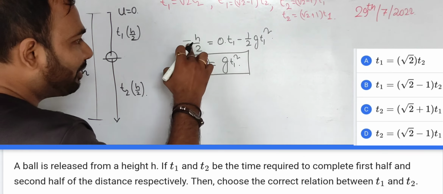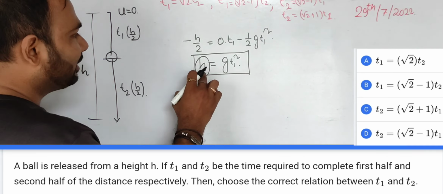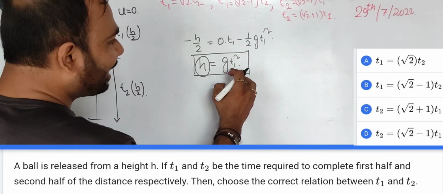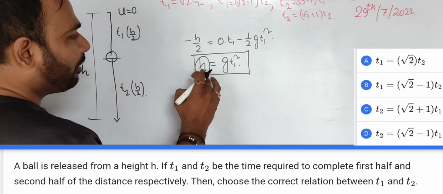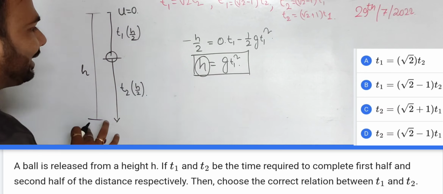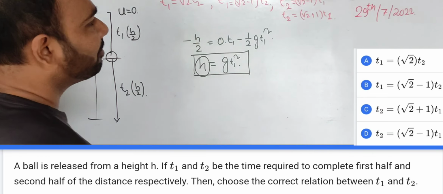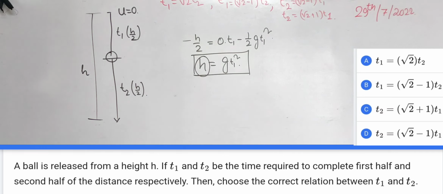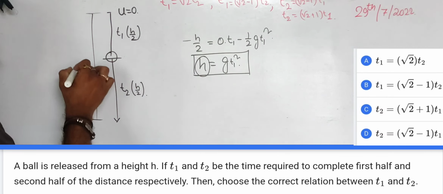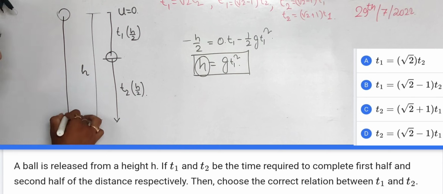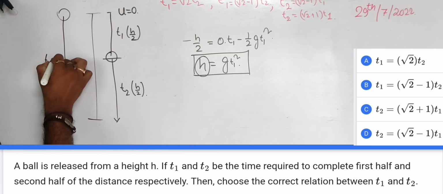So we start with h by 2, we find h, and on the right hand side there is t1. If we find the total height in terms of t1 plus t2, we can get a relation between t1 and t2.